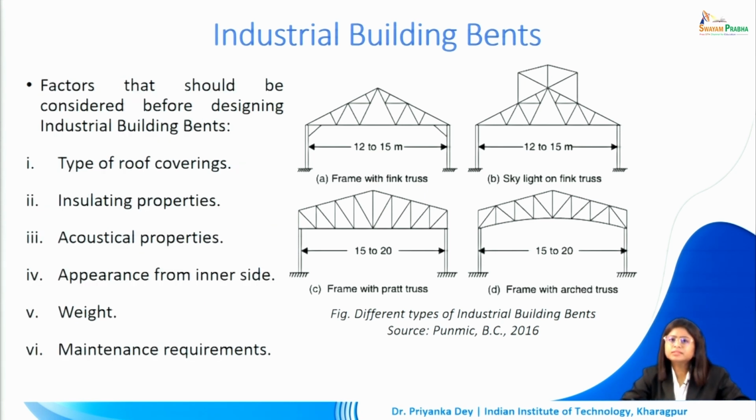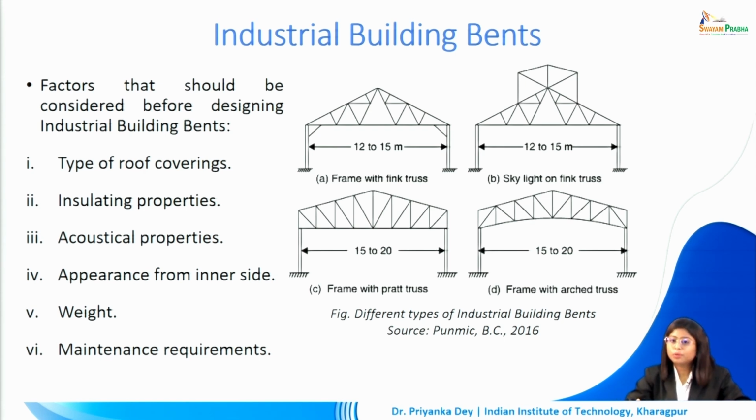Now the factors that should be considered before designing industrial building bents is that, first of all, we have to select the type of roof covering. So based on the type of roof covering, it will also determine the type of distance that we select for the different members, and the covering that we provide intermediate to the rafter members and the roof covering on top.